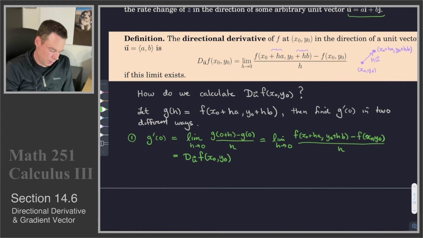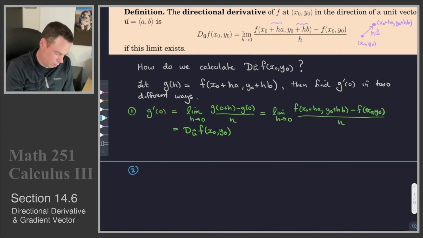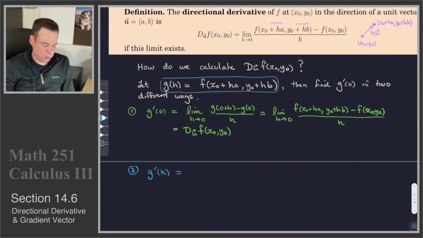Okay, now let's compute it in a different way. Method number 2 for computing g'(0). Now we'll go to our techniques for calculating derivatives, g'(h). So I'm looking up here at g(h), and I'm saying, well, that's a function of two variables. The outer function, f, is a function of two variables, but the inner functions, the x function and the y function, are each functions of h.